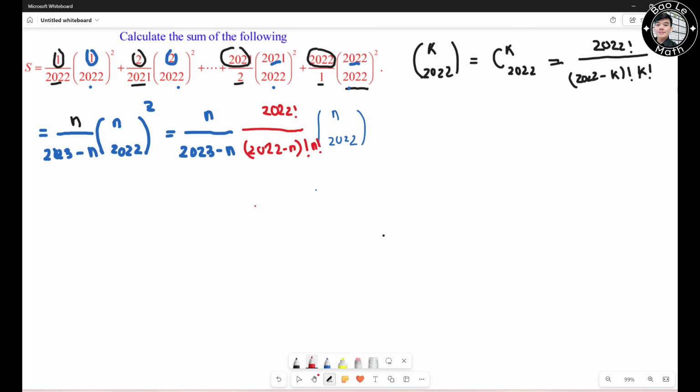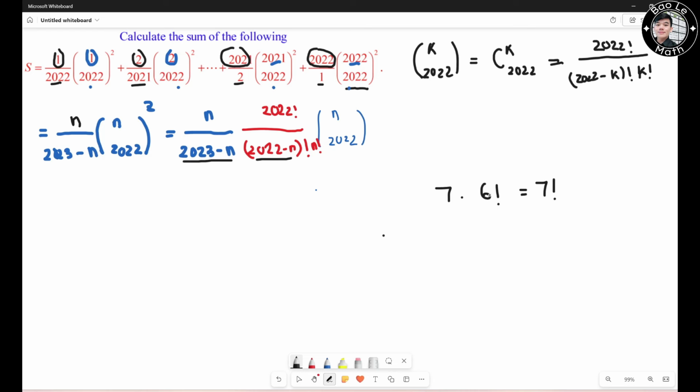Alright? Now next one. I need to combine this guy and this guy. You see that 2023 minus n and 2022 minus n, this guy is 1 unit greater than this one. Keep that in mind. For example, if I have 7 times 6 factorial, I can rewrite this as 7 factorial.